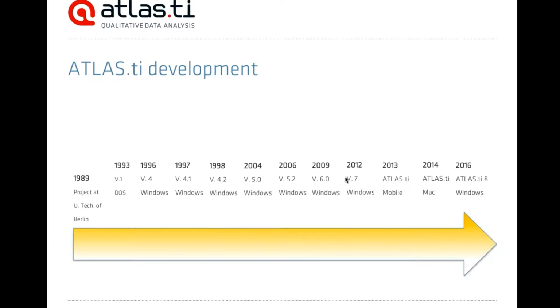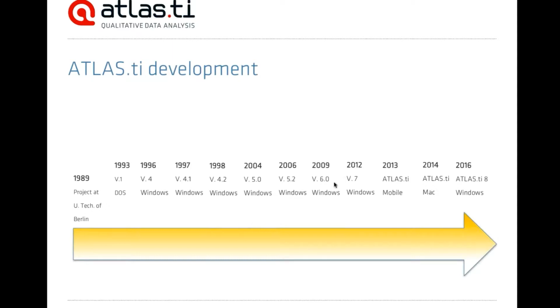So first of all, I want to go through very quickly the history of ATLAS.ti. I just wanted to let you know, because I don't know how many of you have used ATLAS.ti in the past, that ATLAS.ti has a pretty long history, of 27 years. We can say that ATLAS.ti was born in 1989 as a project for the Technical University of Berlin.